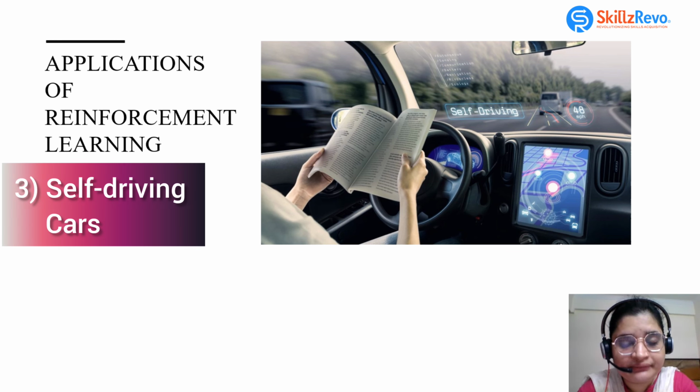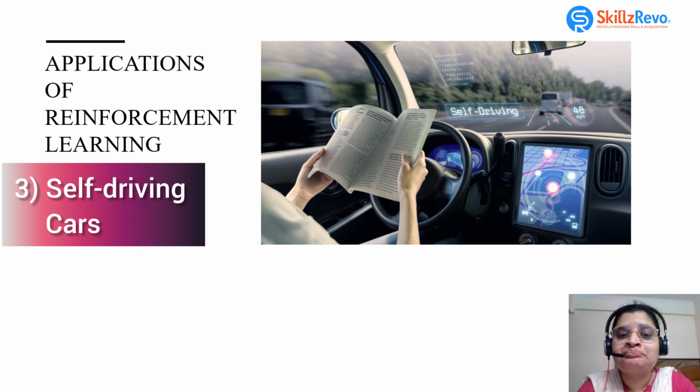Reinforcement learning plays a critical role in the development of self driving cars or autonomous cars. It enables these vehicles to learn from their driving experiences and adapt to the dynamic environments. This continual learning process helps the car refine its strategies for navigating complex traffic scenarios, adapting to various conditions and unpredictable behaviors from other road users.